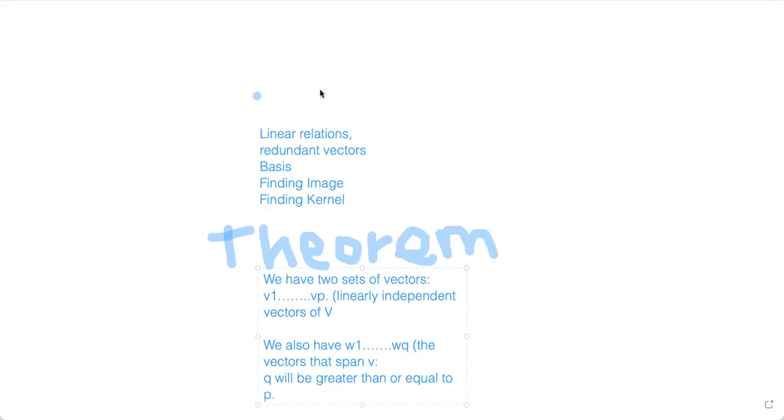Well, what does that mean? So if we're saying that here's Q, right? And here's P, well, Q is standing in for the vectors that span, and P is standing in for the number of linearly independent vectors. What this means is that, in terms of the vectors that span a subspace, there are going to be more of them or equal to the number of linearly independent vectors, right? And this makes sense because if we think about any matrix that we start with, the columns in that matrix span V, right?